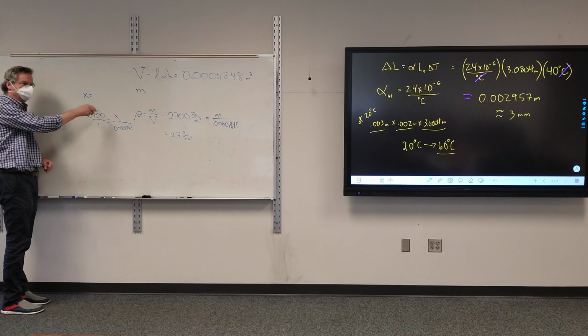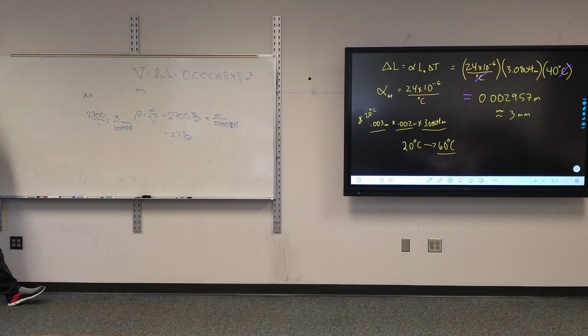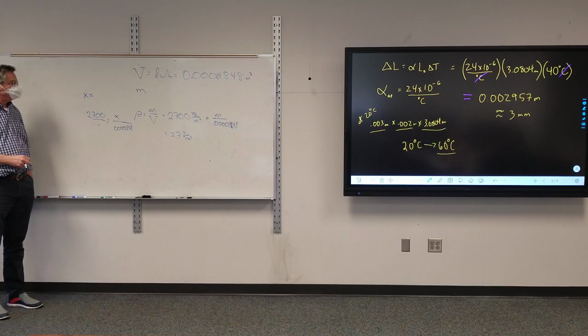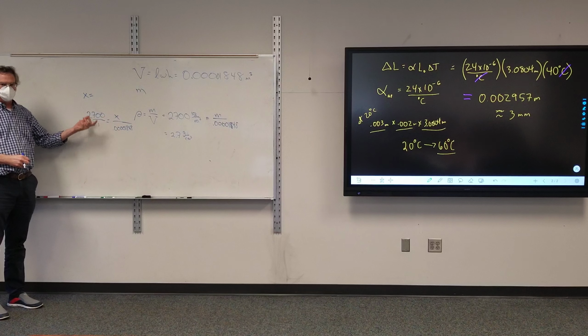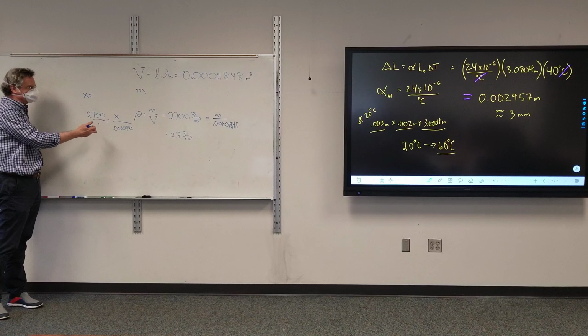So how would you solve this? Multiply by your volume, okay, by your density, by your volume. Yep, or from a math point of view, I got two fractions equal to each other.